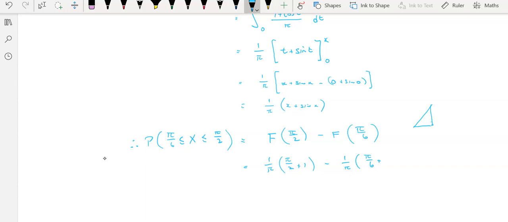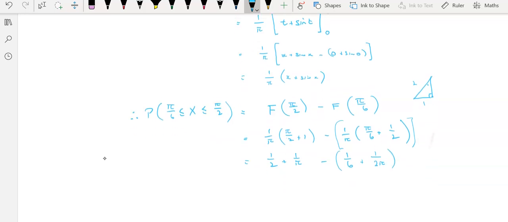Do a quick triangle here, sine pi on 6 is a half. Remember, I'm subtracting all of this. I've got 1 on pi times pi on 2, so that's 1 over 2 plus 1 over pi. That gets me that result. Now I'm subtracting this here, which is 1 over 6, once I've cancelled that out, plus 1 over 2 pi.